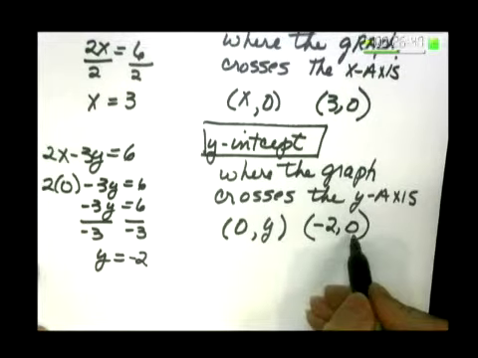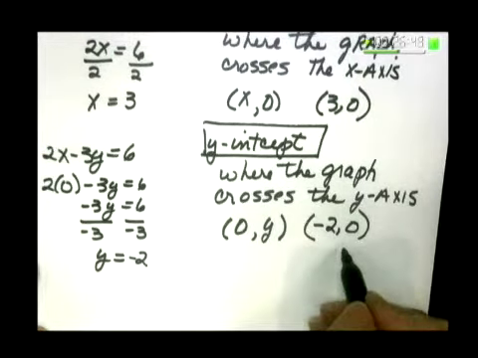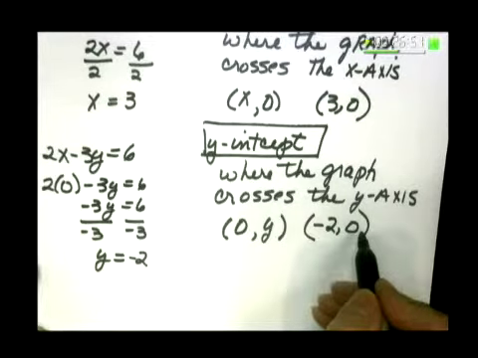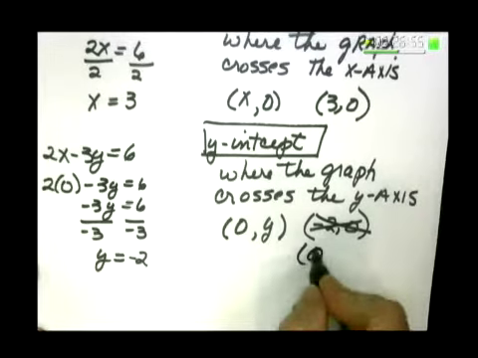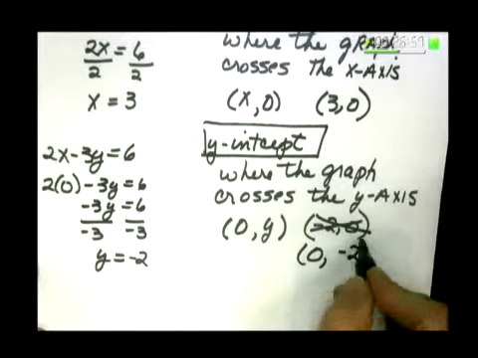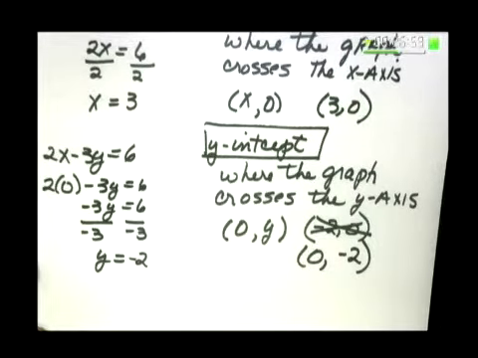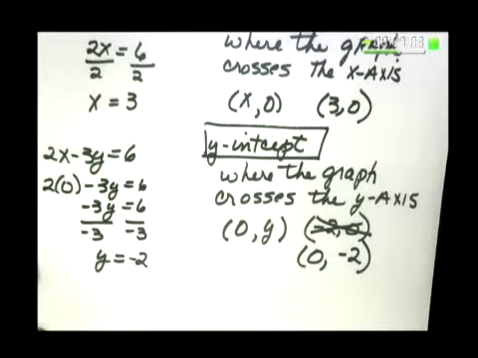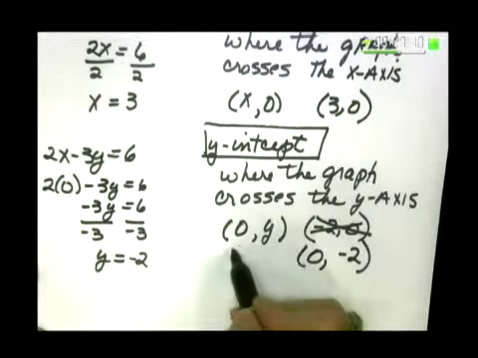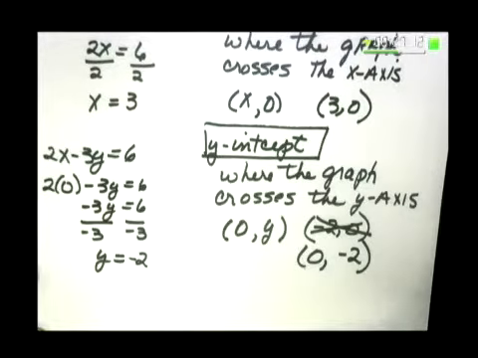When I put in 0 for x, my y is a negative 2. That's my y-intercept. Be careful about how you write those coordinates. Go back and remember, I put in 0 for x.